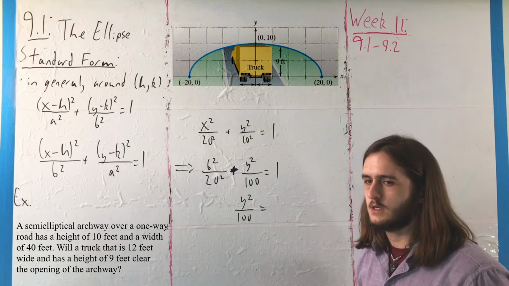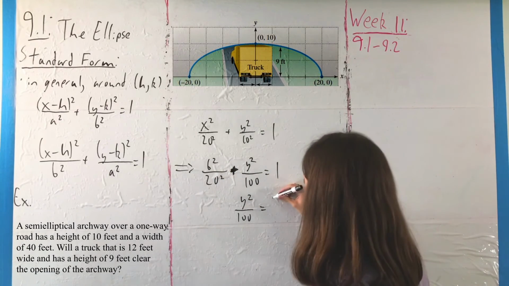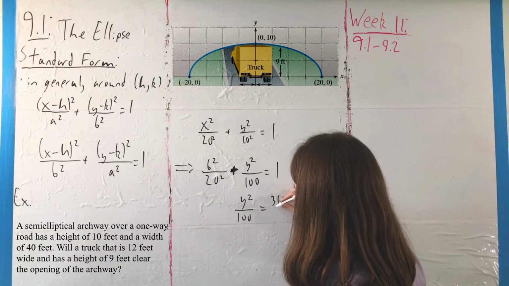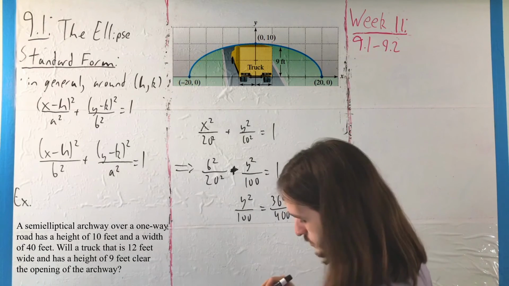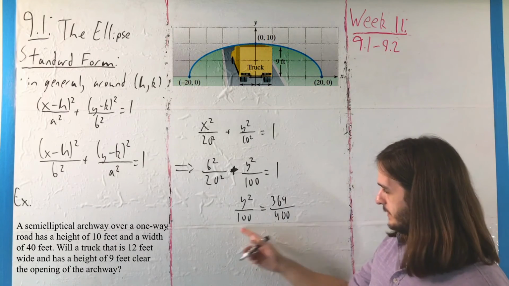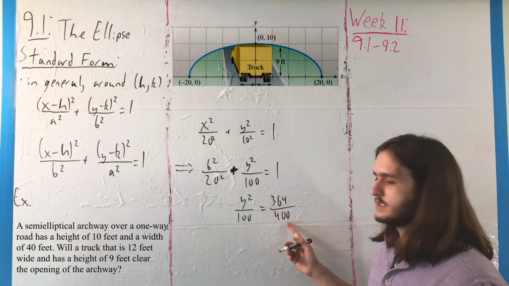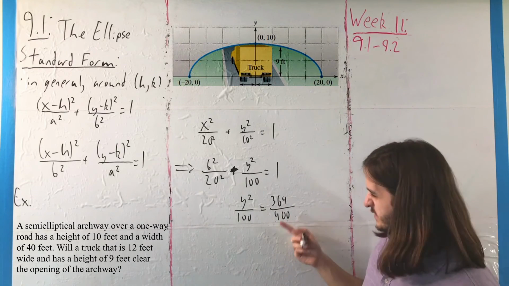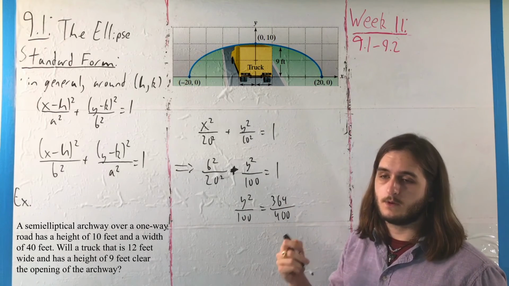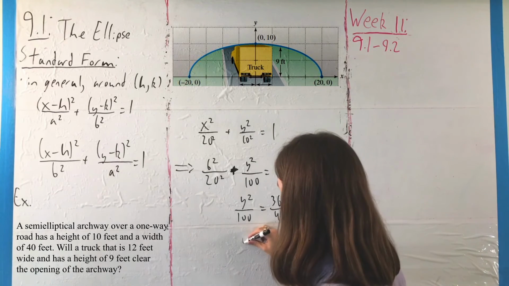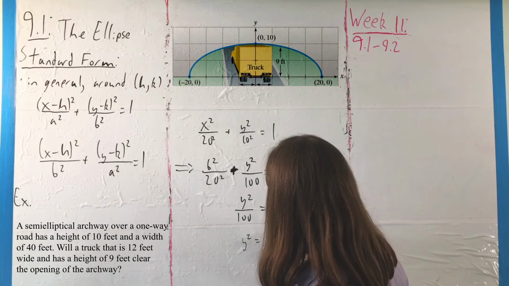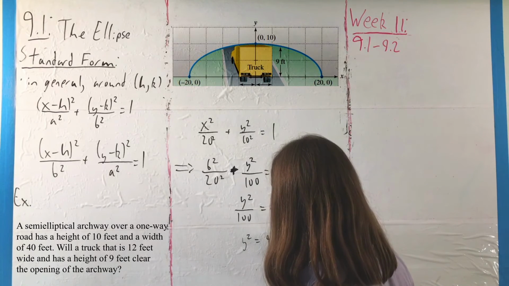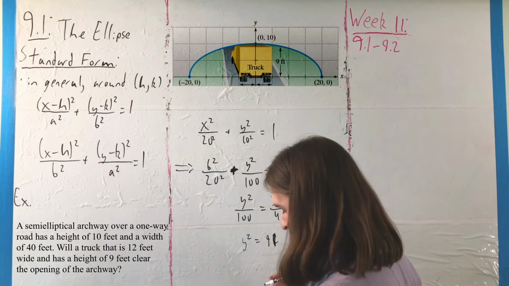You subtract 36 from 400 and you get 364 over 400. Then what we're going to do is multiply over that 100. It'll cancel out there. We'll be left with 4. And you can divide out 4 from 364 to get y squared is equal to 91, not 92.